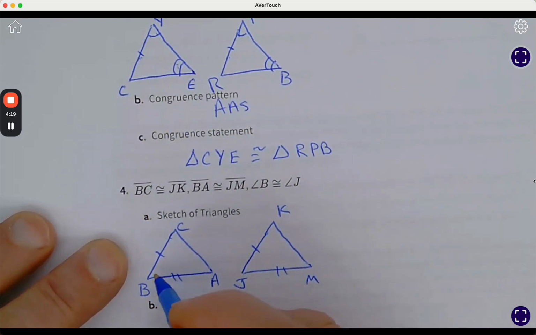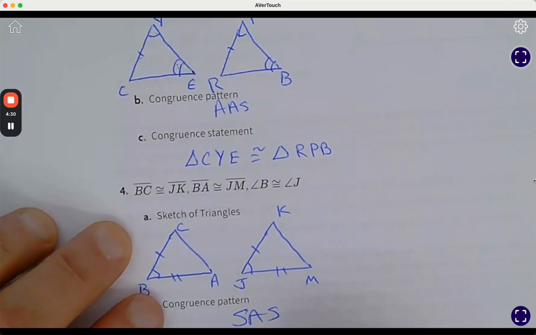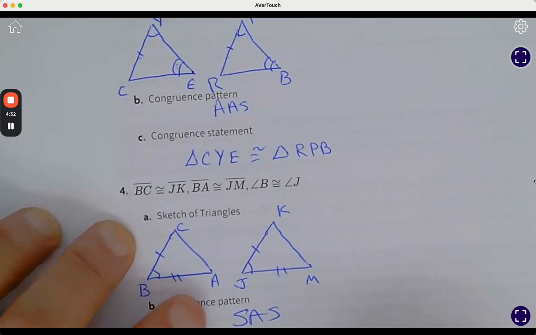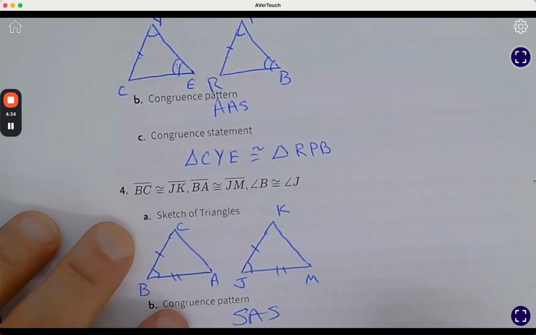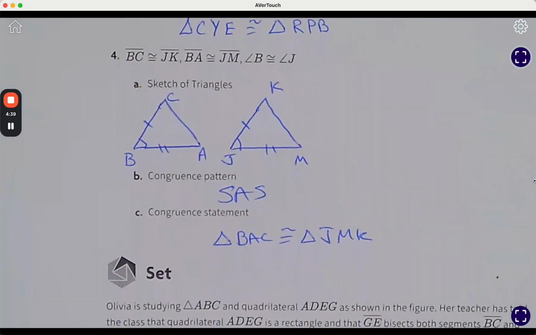And angle B is congruent to angle J. That is side, angle, side. So congruence pattern, side, angle, side. Congruent statement, triangle BAC is congruent to triangle JMK by side, angle, side postulate.